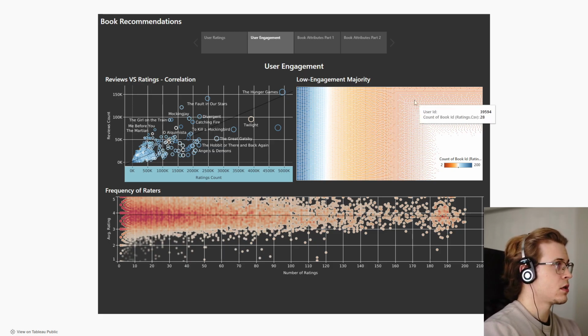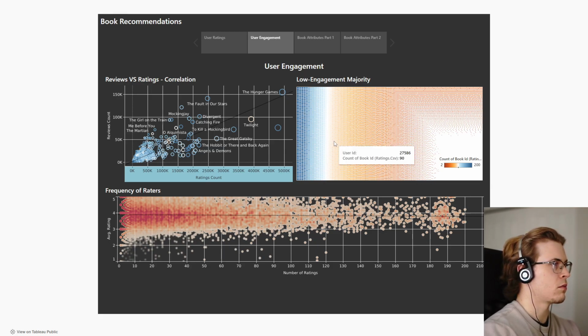This last chart on user engagement shows each rectangle as a user, and it shows that nearly 2/3 of them, or 3/4 even, are low engagement users, where the minority here are high engagement users.